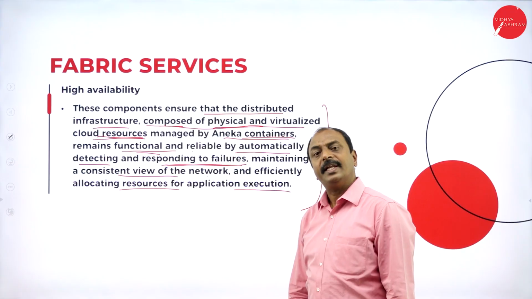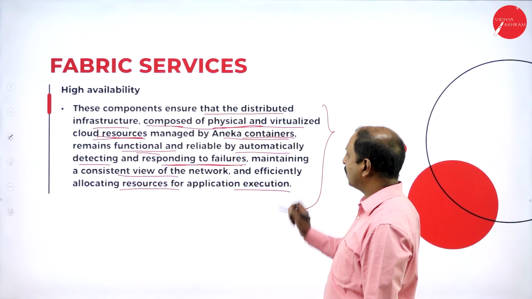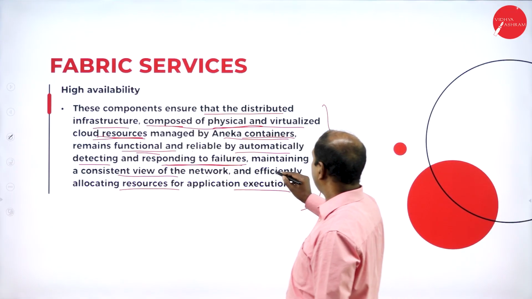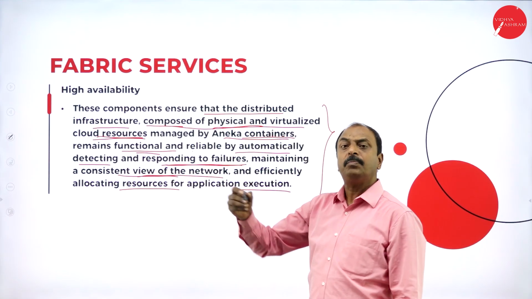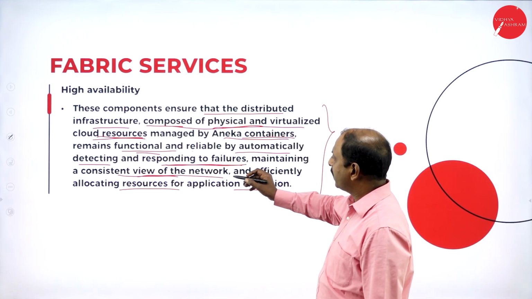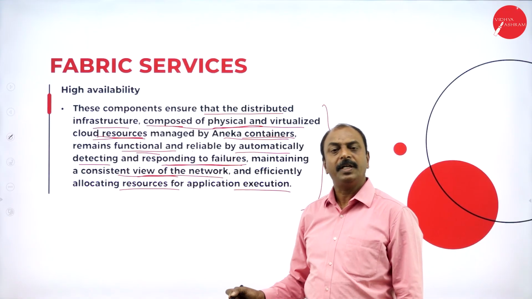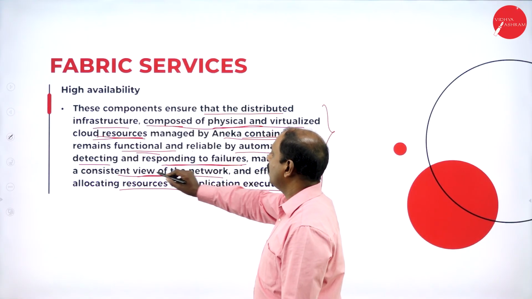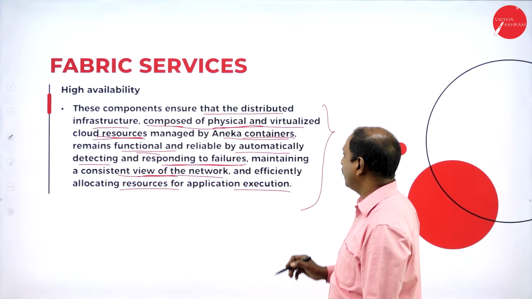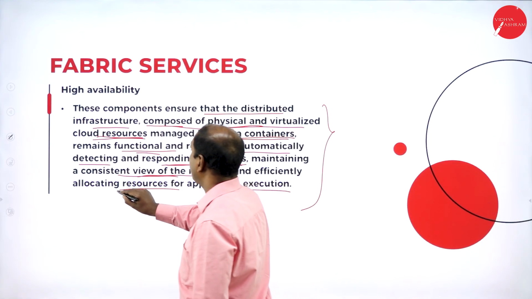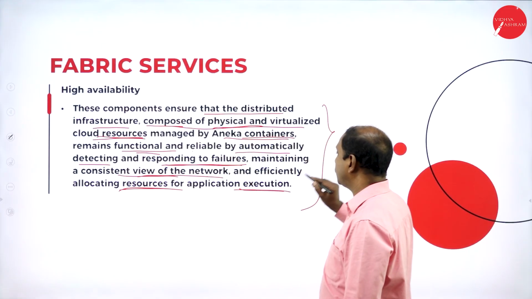so as to avoid any losses to the users or the clients, and it maintains a constant view of the network, meaning it keeps monitoring the network. In case of any problem at any part of it, it will automatically detect it, try to rectify it, and efficiently allocate resources for application execution.